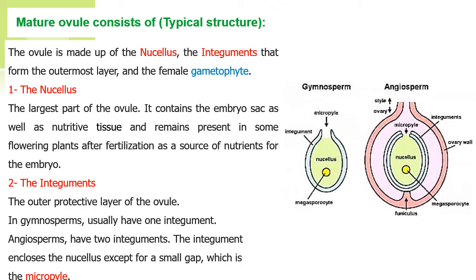In angiosperms we have two coats or two protective layers. This is one and another integument. The integuments enclose the nucellus except for a small gap marking the micropyle, which, as we said, is the entrance of the pollen tube containing the pollen grain to fertilize the ovule inside.